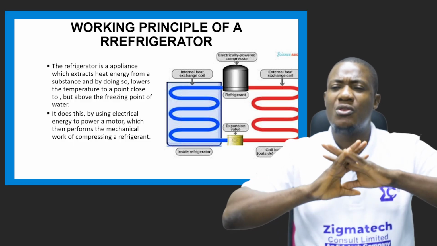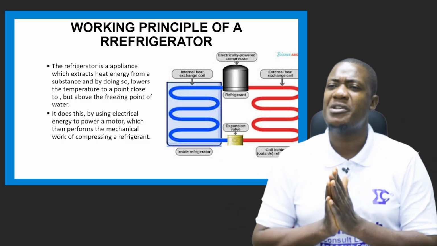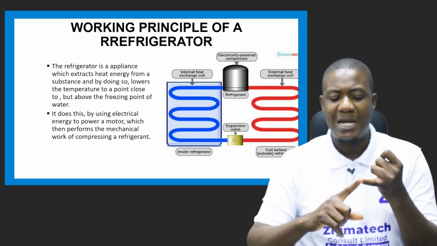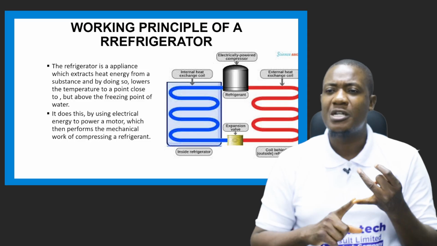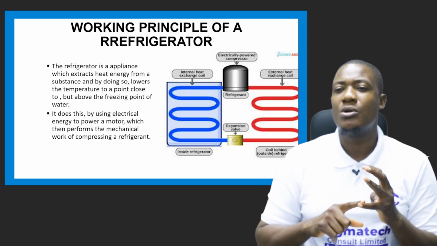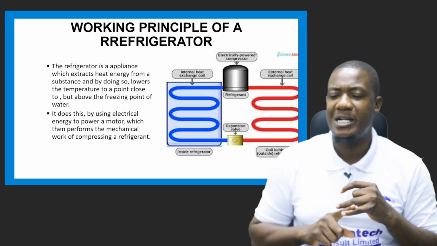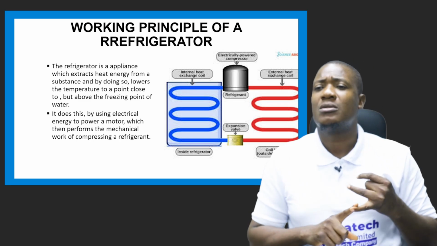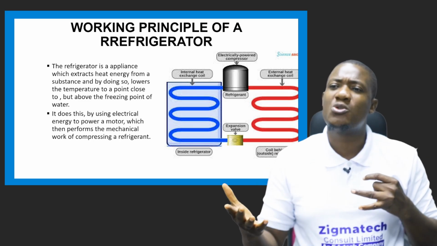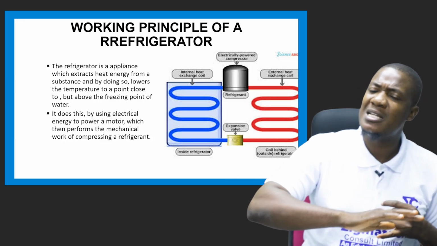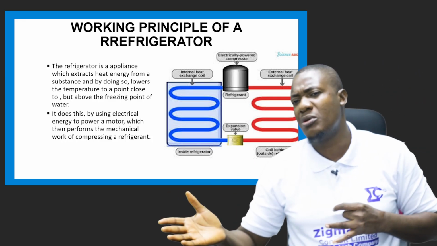Now, this whole experience starts in the refrigerator, where we have the refrigeration tank. In the refrigeration tank, that's where you have the refrigerants, right? These refrigerants have the ability to change into vapor and change back from vapor to liquid state.